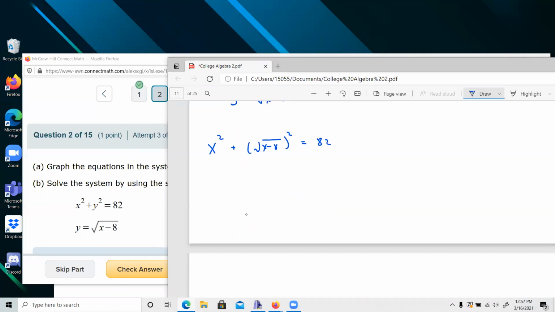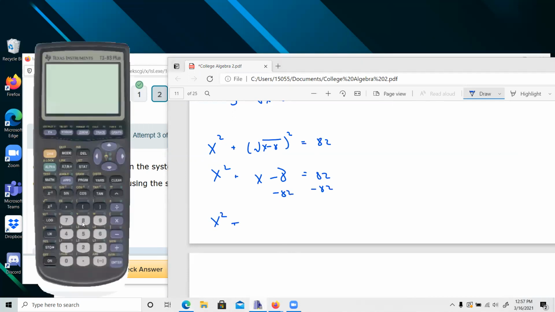Okay. So we have to solve this. This is going to be x squared plus x minus 8, because we squared the square root, is equal to 82. Subtract 82 from both sides, and we get x squared plus, what is 8 minus 82? Minus 74. Okay, that looks delightful.